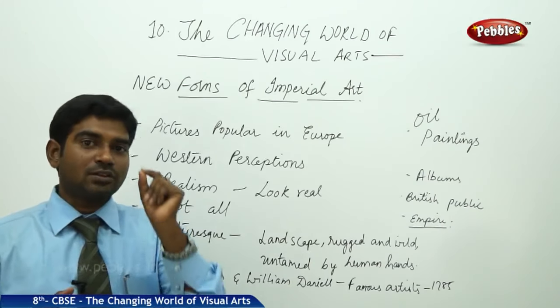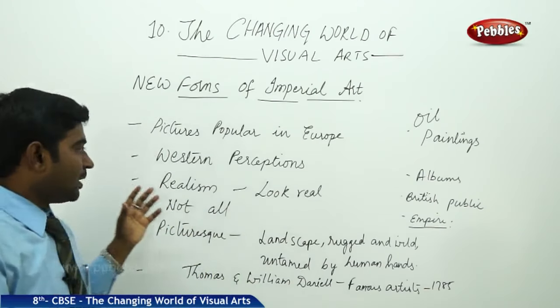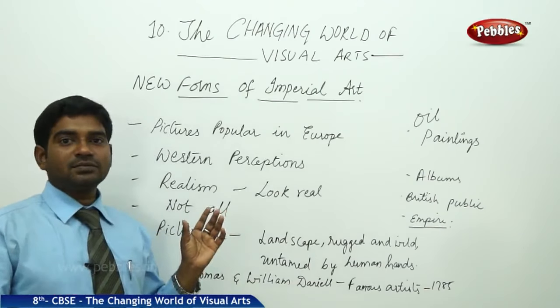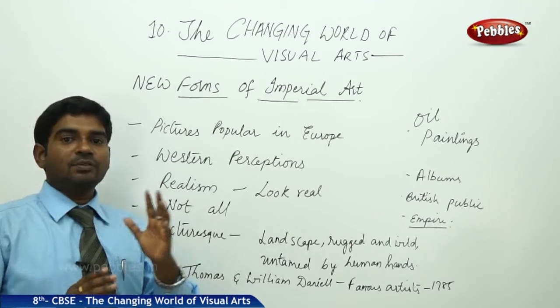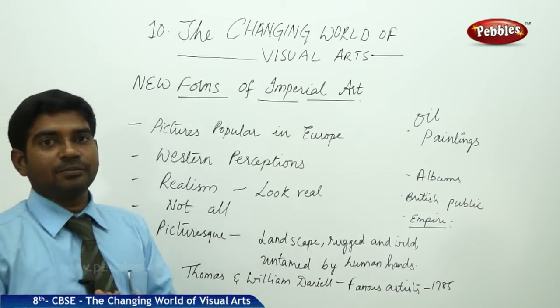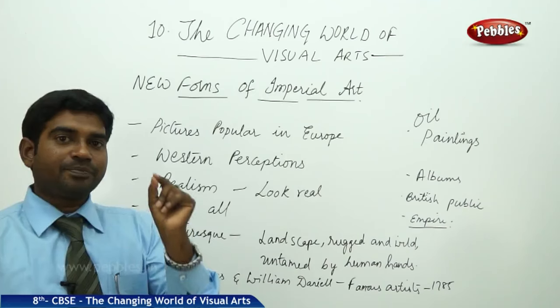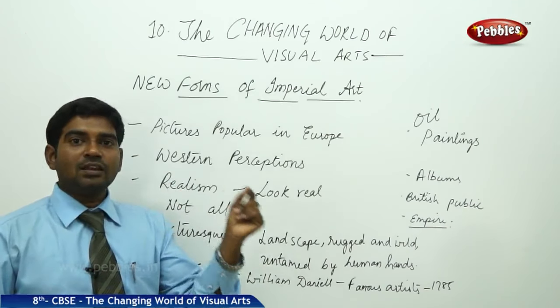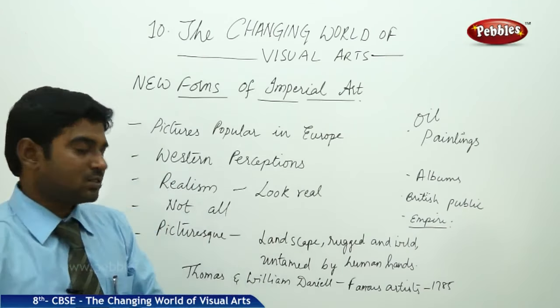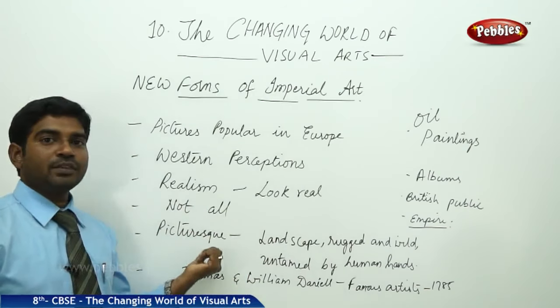But not all Indians were attracted by the Britishers' painting style. Some of them did not follow it, but many of them transformed their style towards the Western style. Now, one such model was the picturesque.